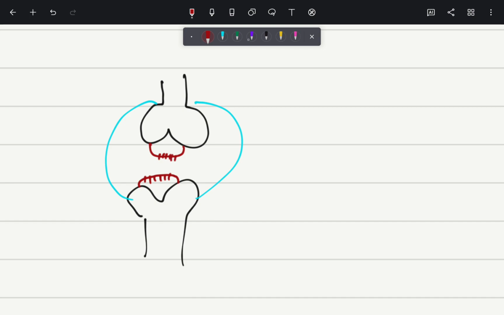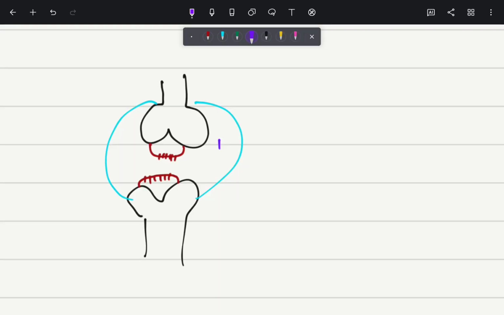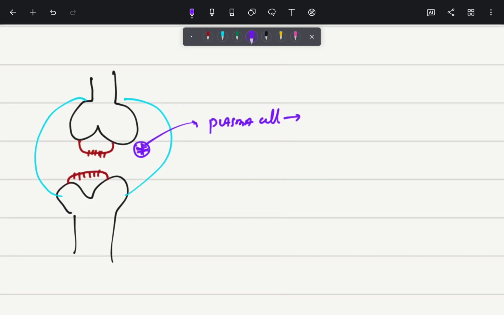So scientists were able to find here a cell. Let's draw this clearly. Scientists were able to find a cell here, and this cell was a type of plasma cell. As you already know from immunology, plasma cell will produce antibodies, right? Plasma cells will produce antibodies.